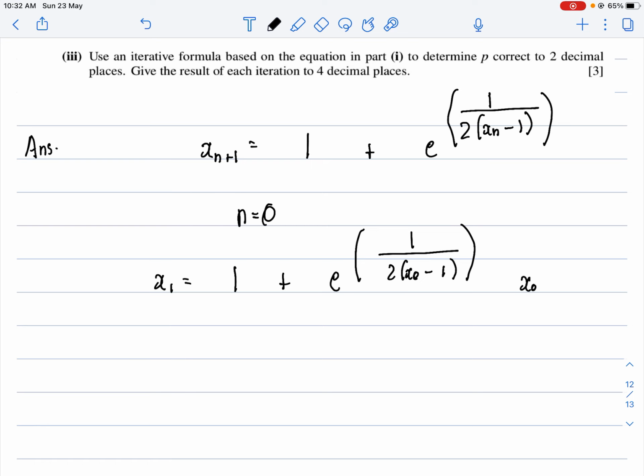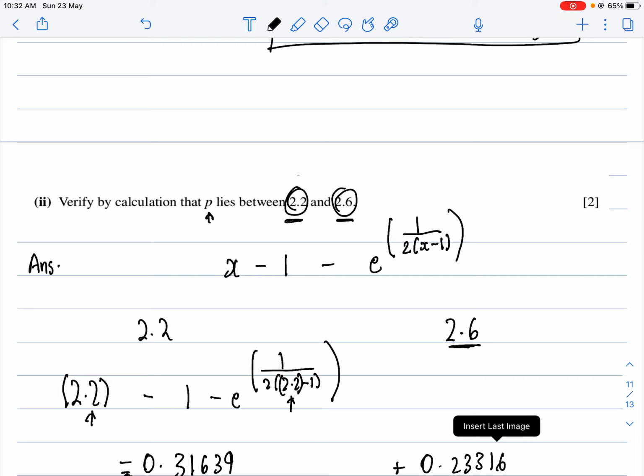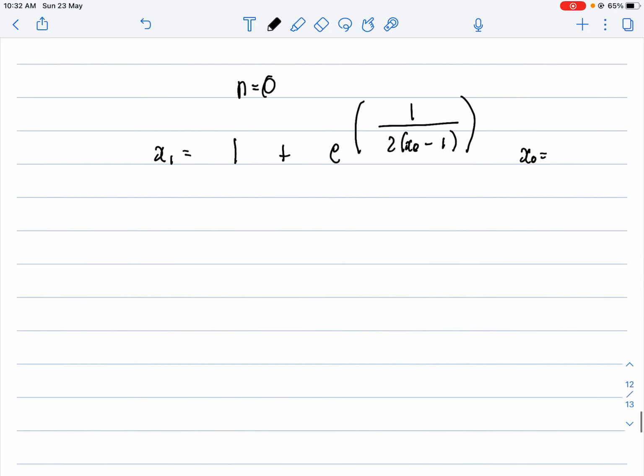Now, my x0 can basically be 2.2 or 2.6, because I know p lies between them. So for now, let me take this as 2.2. So I can write this as x1 equals 1 plus e raised to 1 over 2 into 2.2 minus 1. So now I can simply use my calculator and substitute this into the equation.